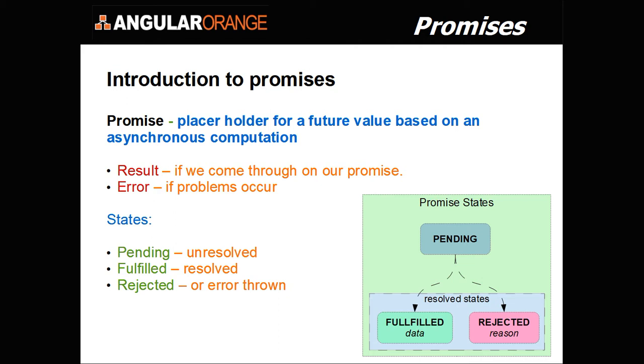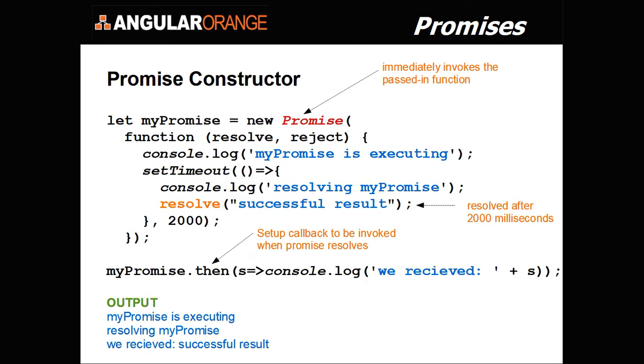Maybe the network was down or something. So there's always one state. Once you hit a fulfilled state, you can't go to a rejected state. Once you hit a rejected state, you can't flip to a fulfilled state. You're in one of these states, and then the promise is said to be resolved.